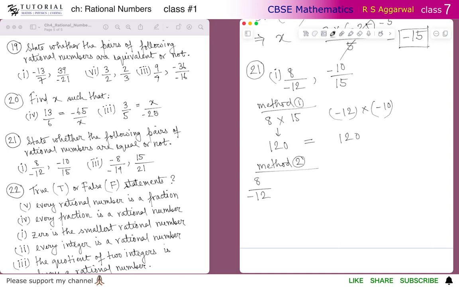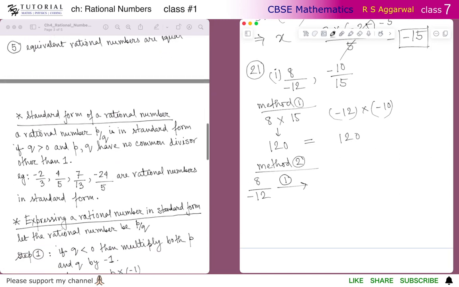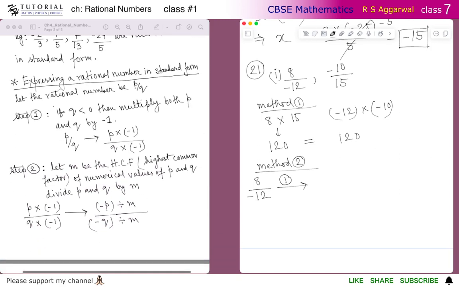So in this case 8 by minus 12, first what will I do? The first step, I am not writing in detail. This is the first step for converting a rational number to its standard form, if you follow the notes.